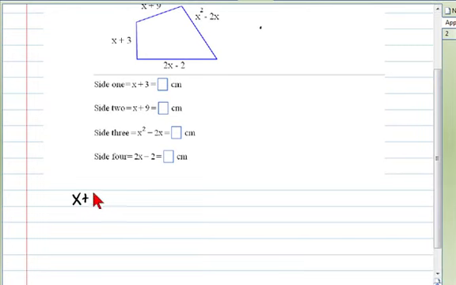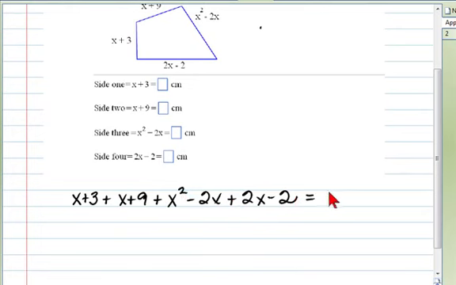I have x plus 3 plus x plus 9 plus x squared minus 2x plus 2x minus 2 is equal to the perimeter, which is 34. It does not matter at all what order you listed those expressions that represent the sides. What's important is that you recognize perimeter means the sum of all the sides equals that particular number.